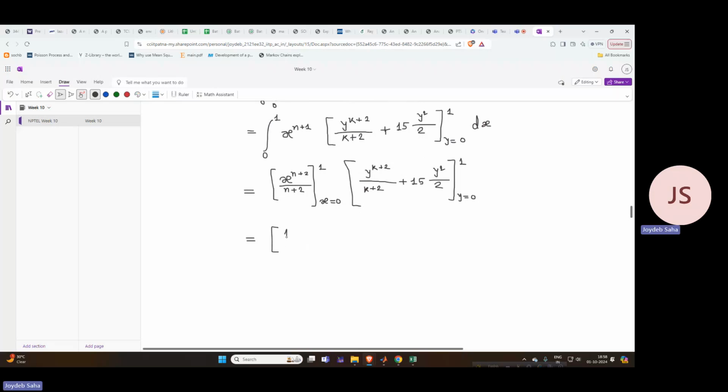So this is 1 upon n plus 2 minus 0, and this is 1 upon k plus 2 plus 15 by 2, right? Minus 0.